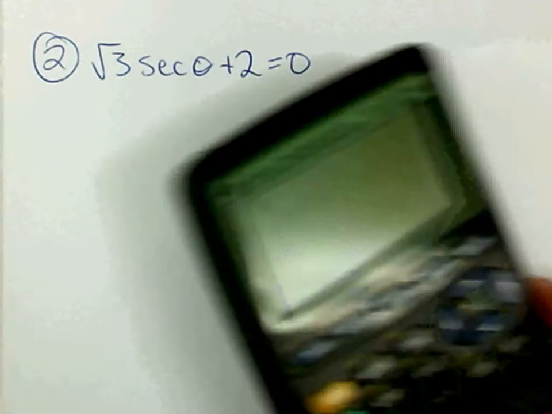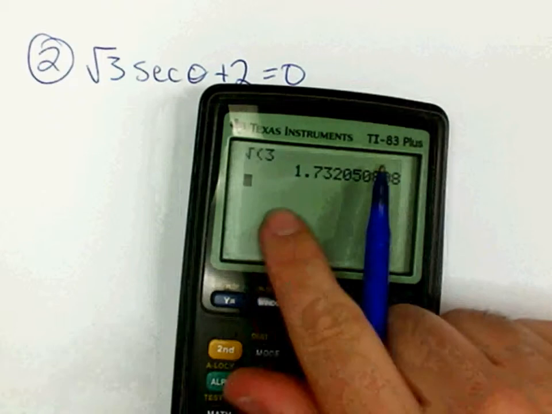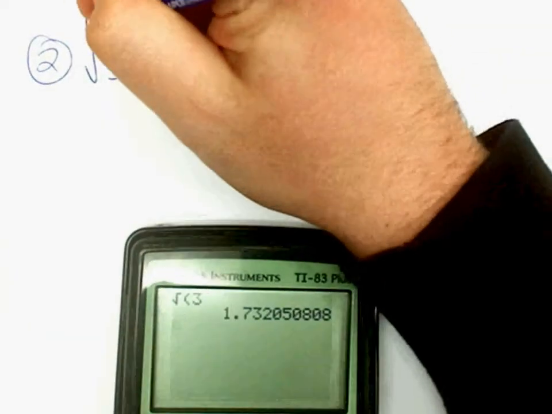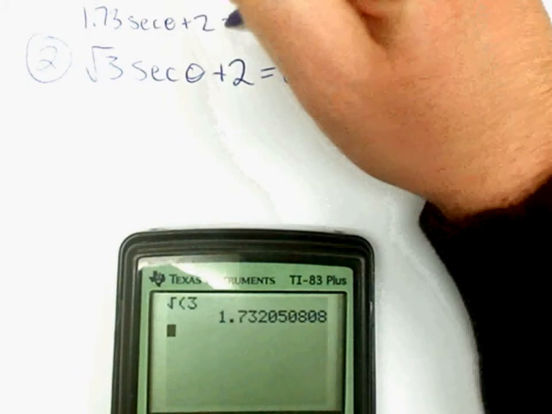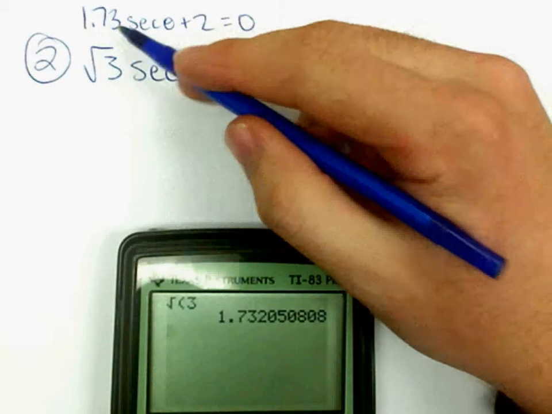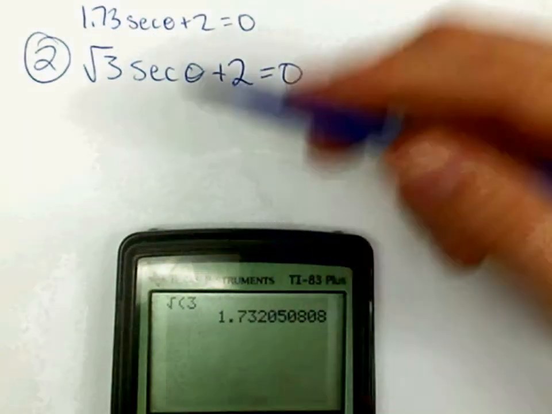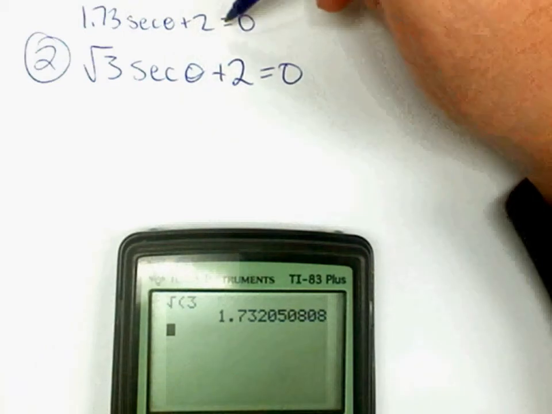In fact, if it really bothers you, you can always just figure out what square root of 3 is, and it's 1.73. So if I were to rewrite this problem as 1.73 secant theta plus 2 equals 0, well, it's got a decimal now, and it's not a very exact decimal, so my answer is going to be rounded a little bit too much. But this is hopefully a little less intimidating. So if nothing else, you can always go back and do that.